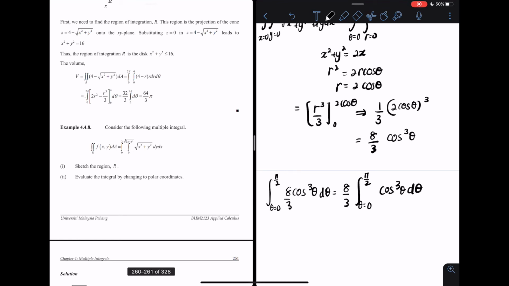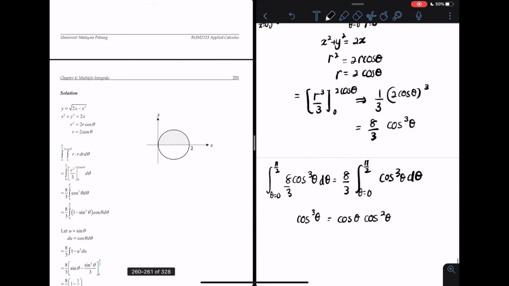When you try to answer this question, please recall all the techniques that you have acquired in any calculus subject. We have to do something with this equation. Before that, maybe we can write cosine cubed theta equal to cosine theta times cosine squared theta.